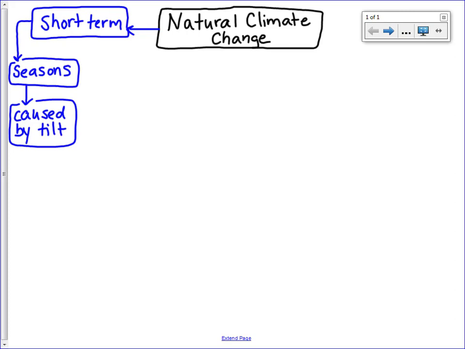A second thing that can cause short-term climate change would be volcanic activity. I'm trying to save some space here. Hopefully you have more space on your page, but I'm going to put this one right underneath seasons. Volcanic activity.